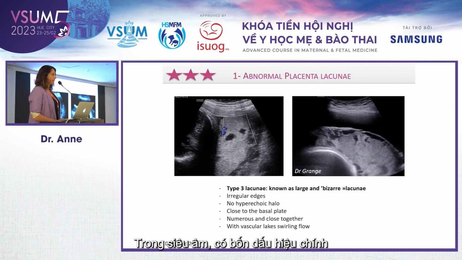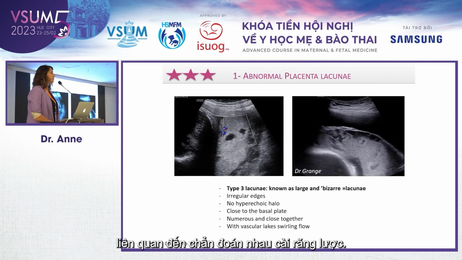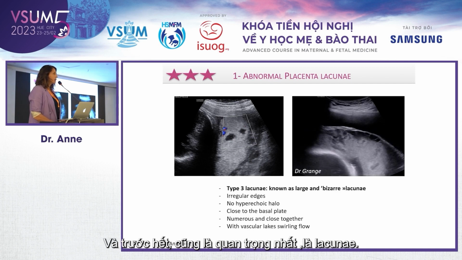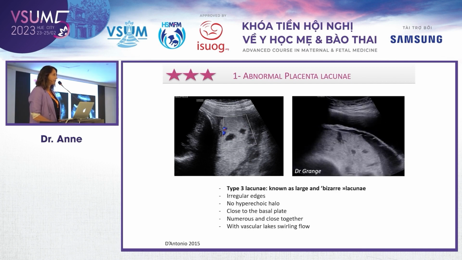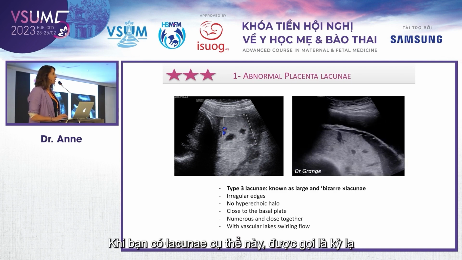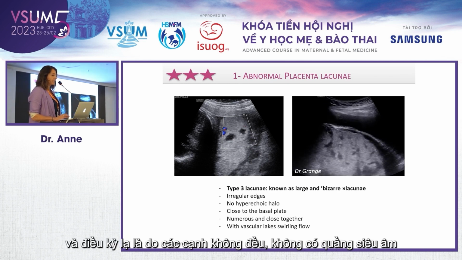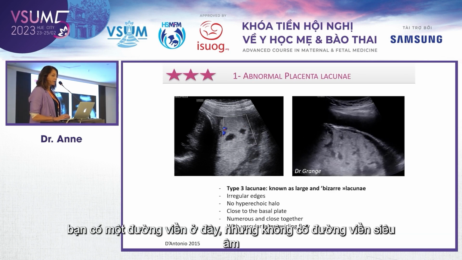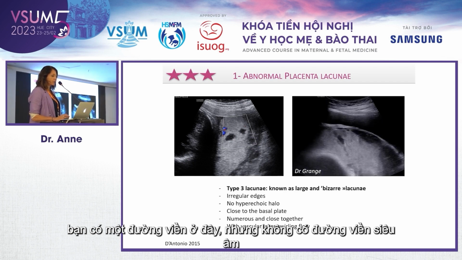In ultrasound, there are four main signs concerning the diagnosis of placenta accreta. First of all, and the most important, are the lacunae. These specific lacunae are called bizarre, due to their irregular edges, with no hyperechoic halo: you have a border here, but no hyperechoic border.